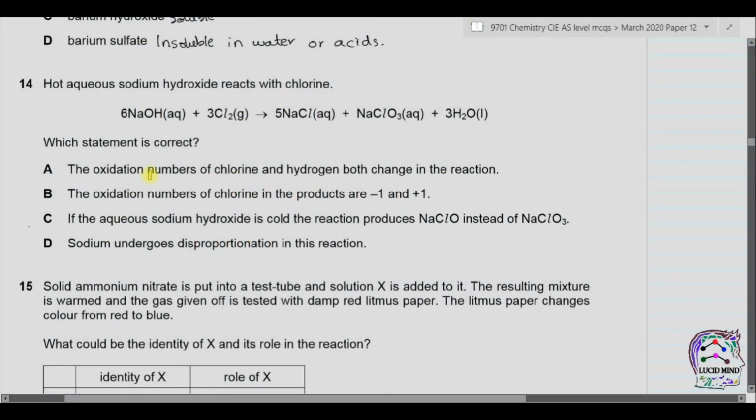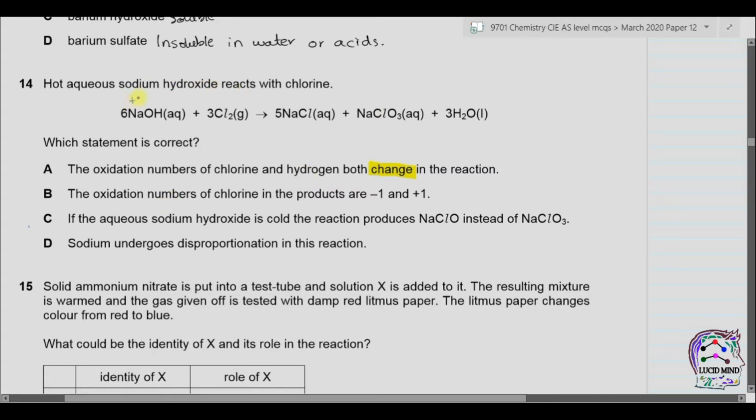Question number 14. Hot aqueous sodium hydroxide reacts with chlorine. Which statement is correct? Number A. The oxidation numbers of chlorine and hydrogen both change in the reaction. The oxidation numbers of chlorine in the products are -1 and +1. So let's see what the oxidation states are.